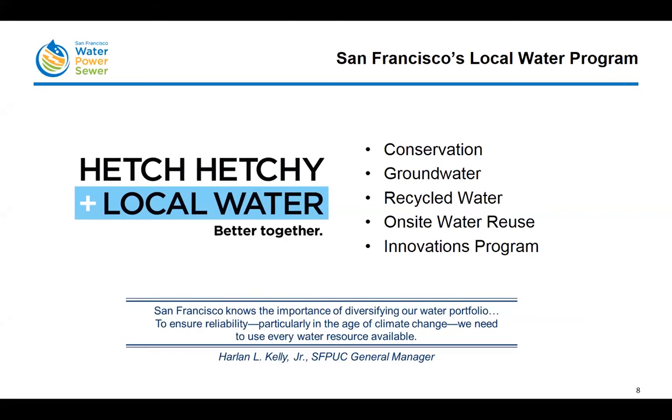I just wanted to make the distinction that our recycled water program is really focused on centralized, municipal-scale recycled water that we're building out on the west side of San Francisco. And on-site water reuse is really about decentralized water treatment systems in buildings to reuse water for non-potable use.